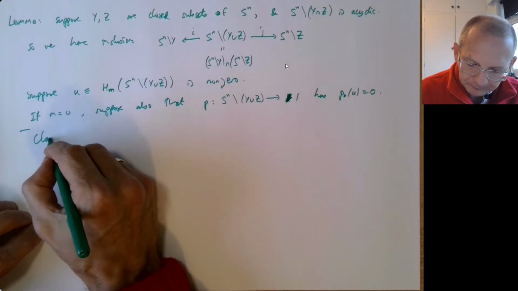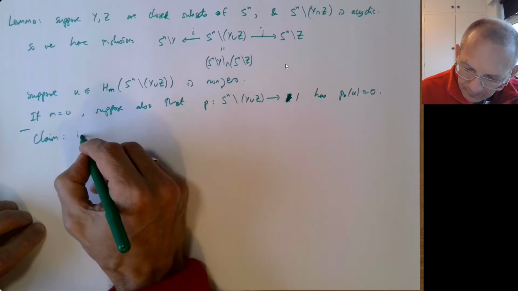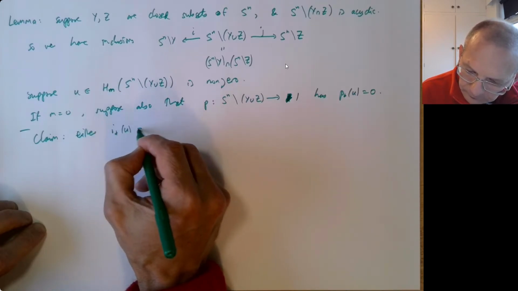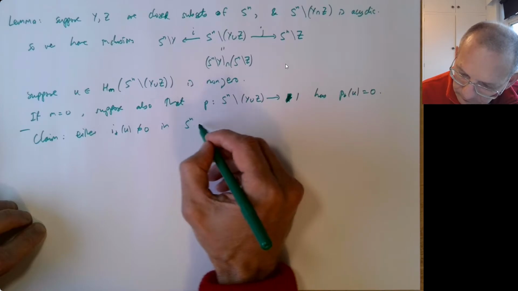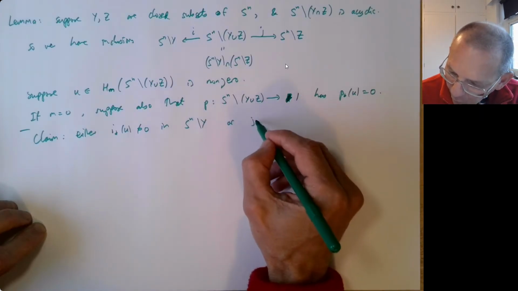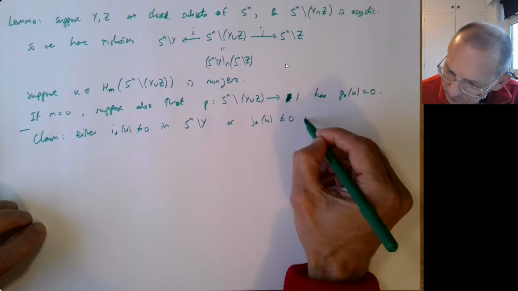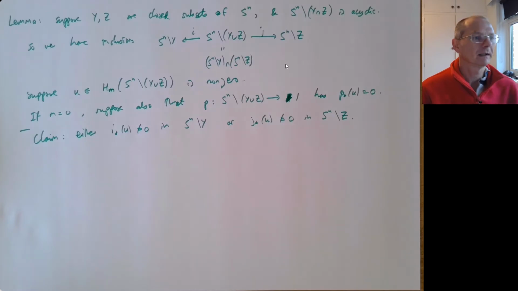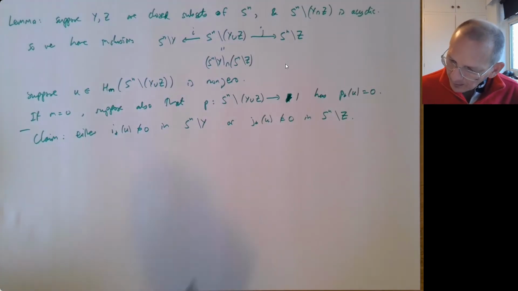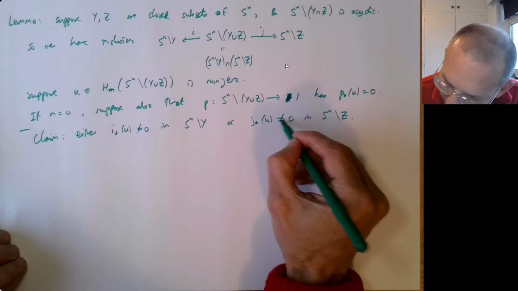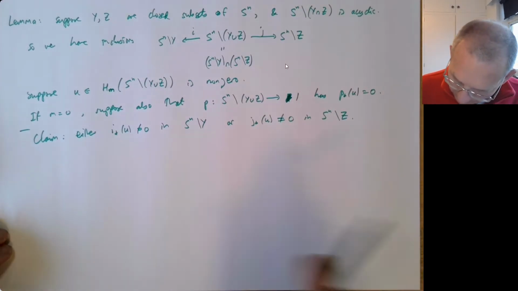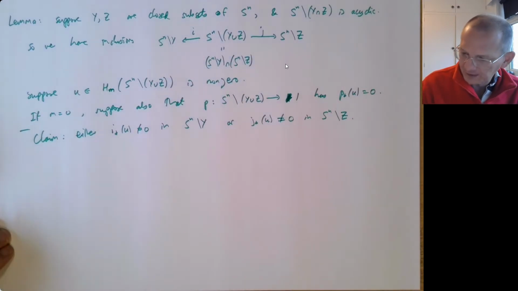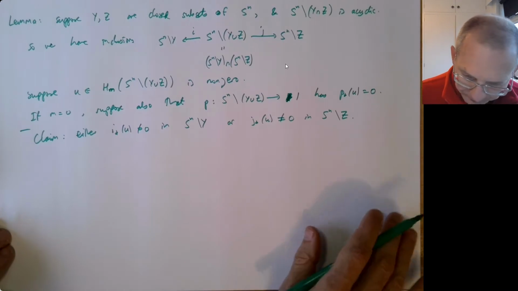So then the claim is that one or the other of these images under i lower star or j lower star is going to be non-zero.